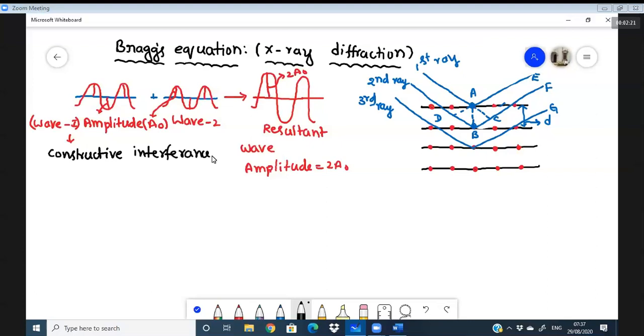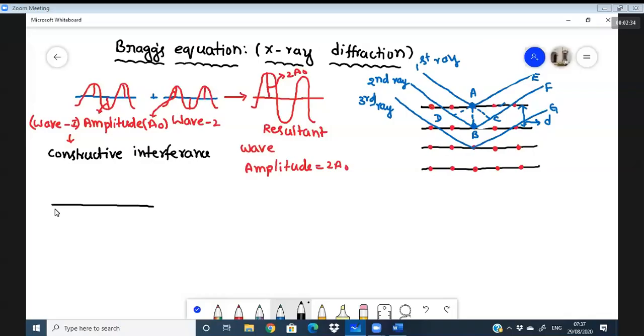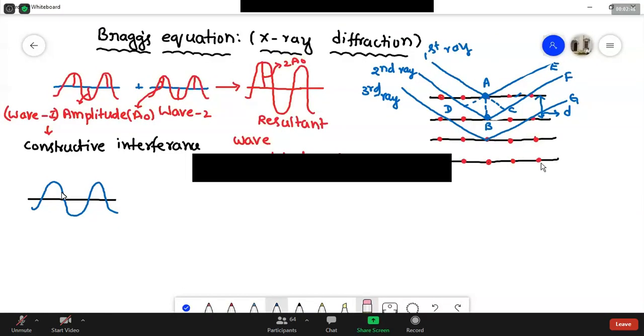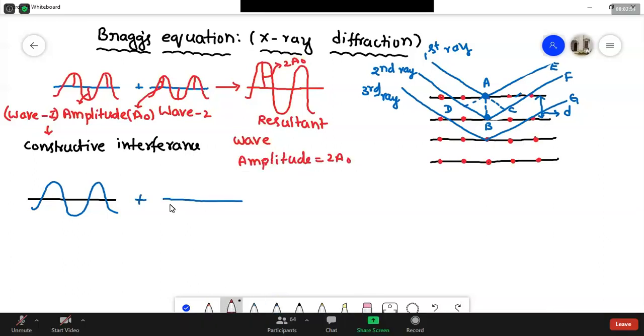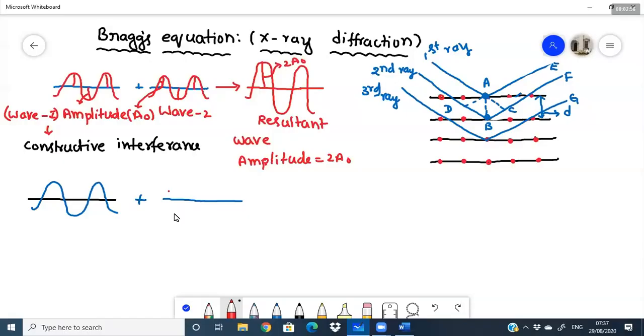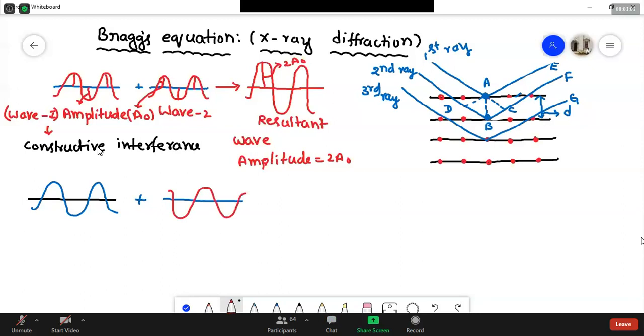Like that, the crest of one wave and trough of the other wave are combined with each other, and the amplitude is decreased. Wave 1.